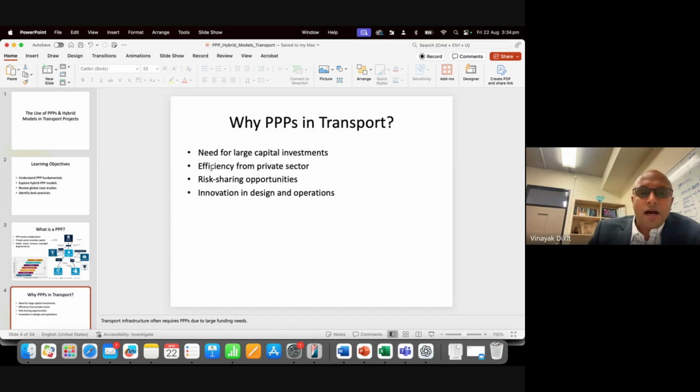Now, there is an argument that the private sector provides efficiency and innovation in design. That is also found. PPP projects tend to be more on time and delivered on budget, and the reason is that it is not different divisions providing different parts.